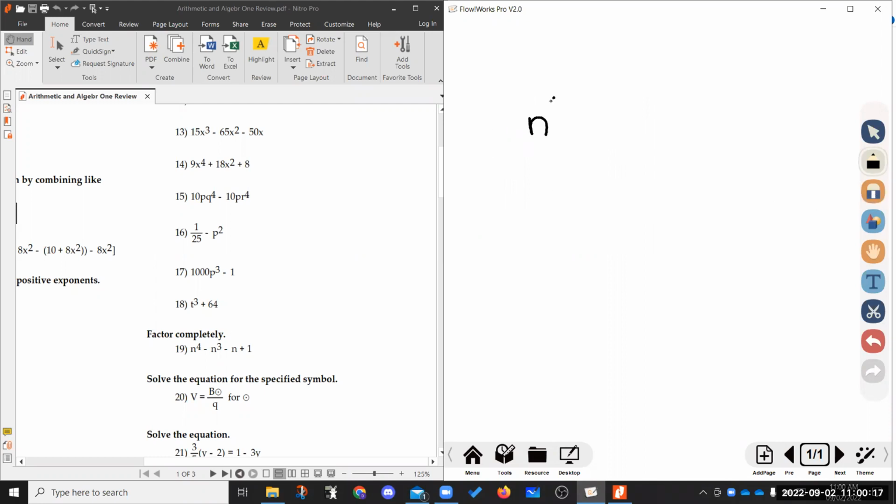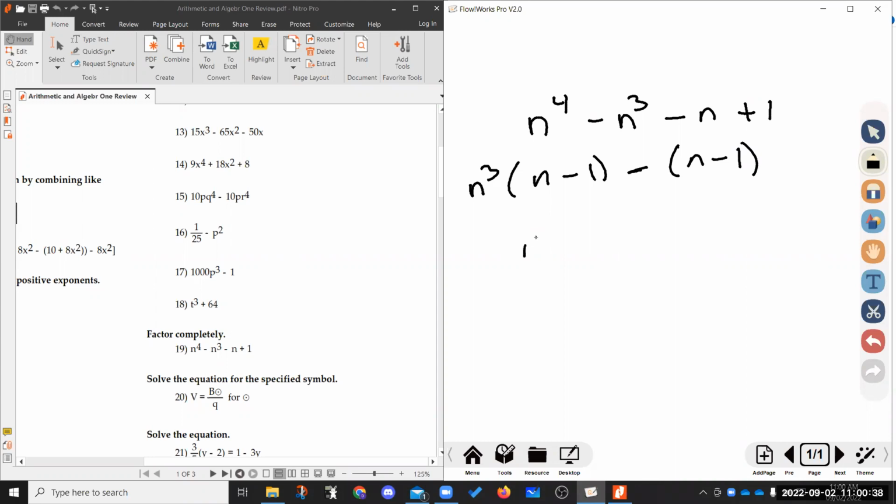Now we get something that just says factor completely: n to the fourth minus n to the third minus n plus 1. See how this is 4 or more terms? So we're going to factor by grouping. n to the third comes out at first. Then we're going to take a -1 out next. And we're going to factor that n minus 1 out.